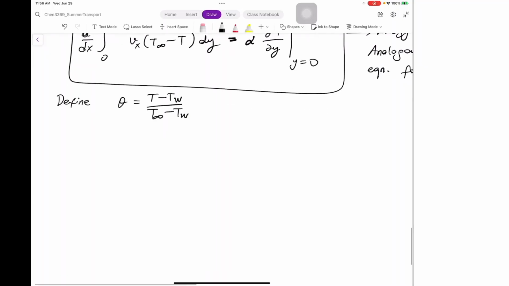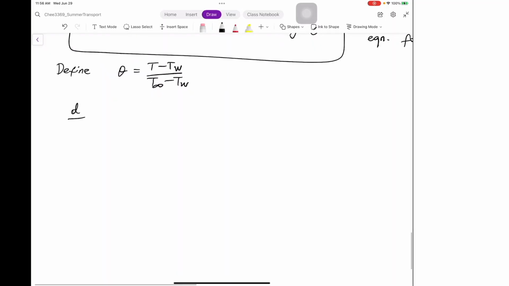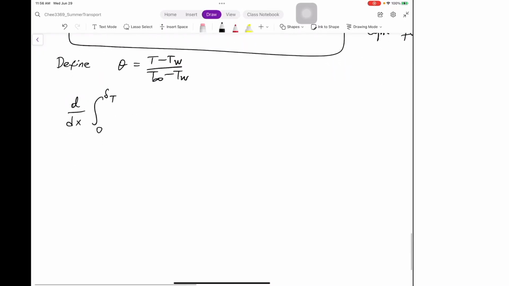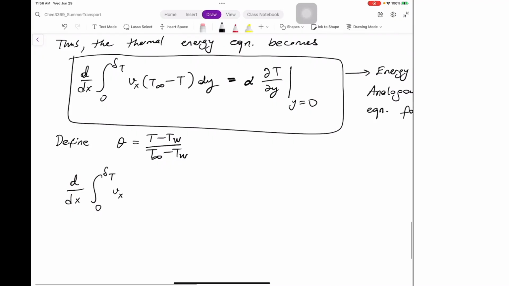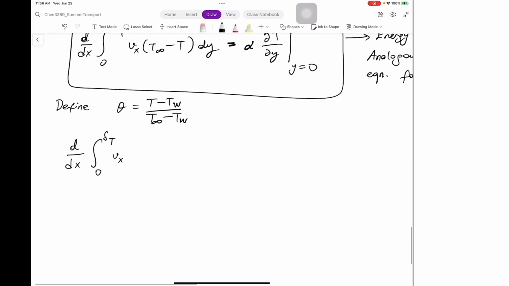So in d over dx, integral from 0 to delta t, instead of t infinity minus t, let's do it this way: t infinity minus t wall plus t wall, minus t, or minus t minus t wall.